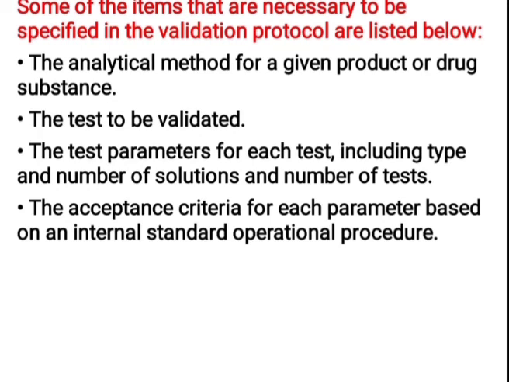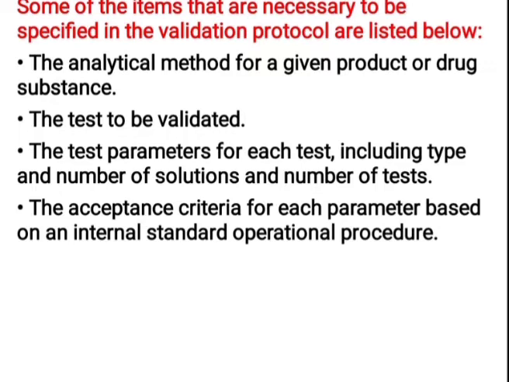Some of the items that are necessary to be specified in the validation protocol are as below. So, in the validation protocol, some necessary points can be written here. The analytical method for a given product or drug substance, then the test to be validated. Next is the test parameters for each test, including type and number of solutions and number of tests.